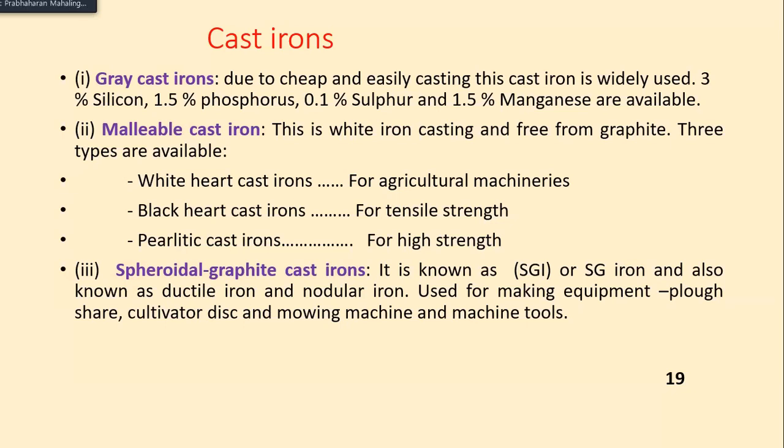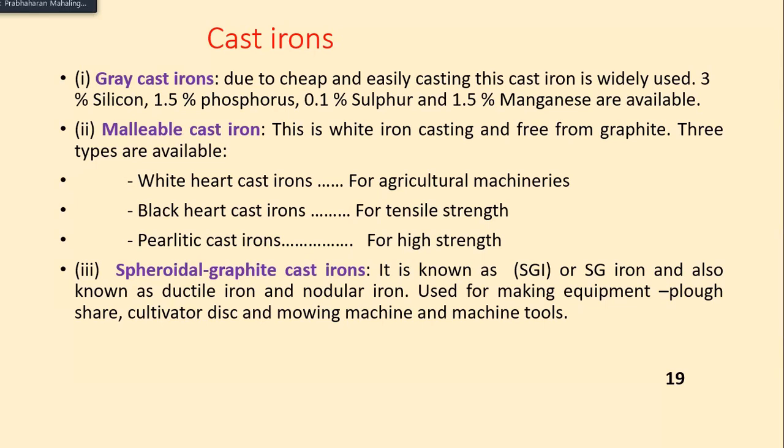Malleable cast iron. Malleable, that is, you can make some sheet, metal sheet. This is white iron casting and free from graphite. Three types are available: white hard cast iron, black hard cast iron, pearlite cast iron.